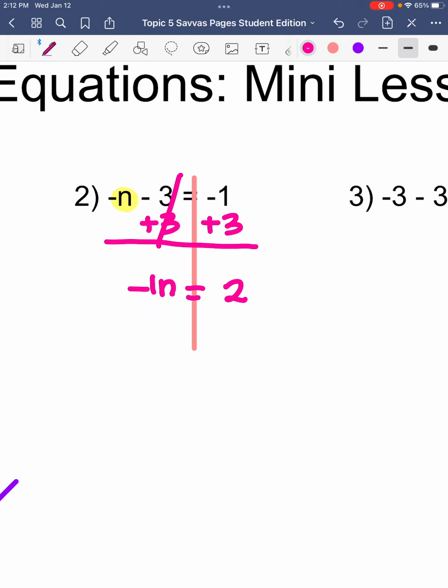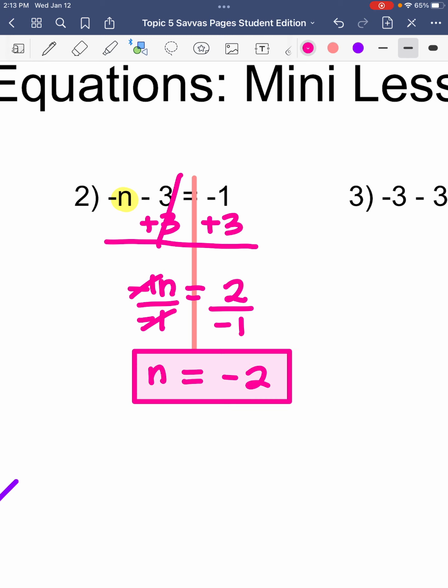And how is that -1 attached to it? Well, it's attached through multiplication. So I undo that by dividing by -1 on both sides. So now on the side with the n, my -1's cancel out, and n is by itself. And on the other side, 2 divided by -1 is going to be -2. So my solution is n equals -2.